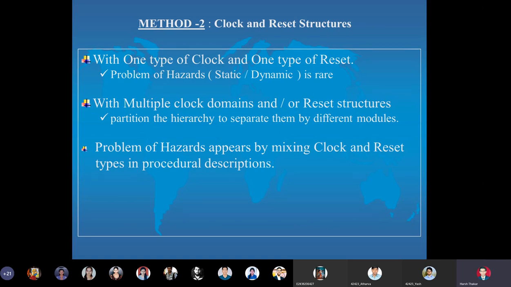Usually analog systems don't face the problem of hazards, but digital systems, especially when they are designed, even if the functionality has been achieved, still hazards and skews are two monsters which have to be taken care of in a system.